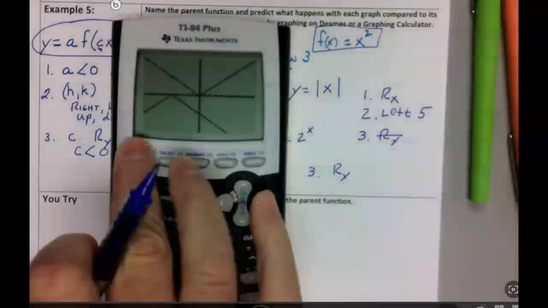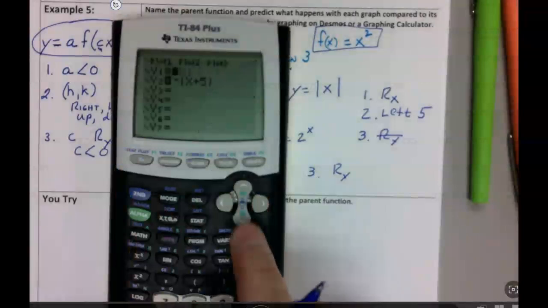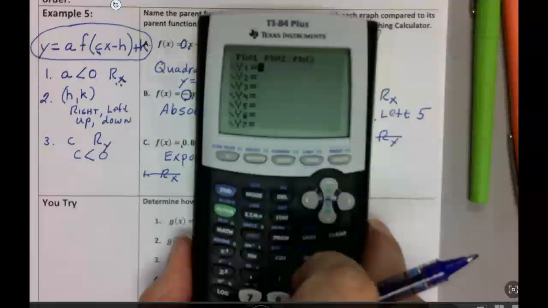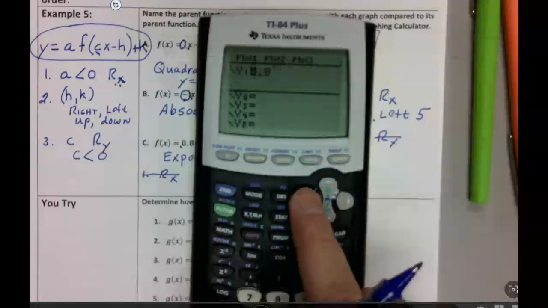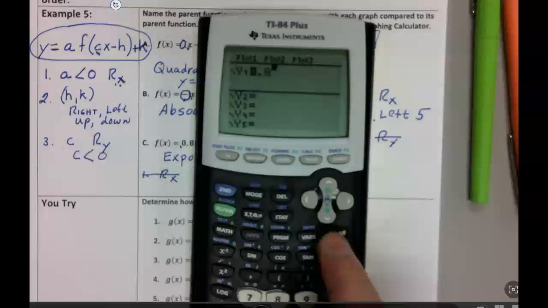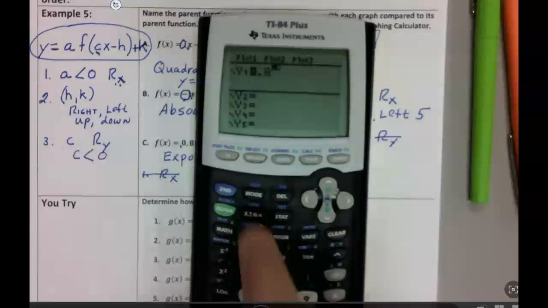So go to your graphing calculator. 0.8, hit power, well, let's just do the parent function first, sorry. Clear that out. X, correct?